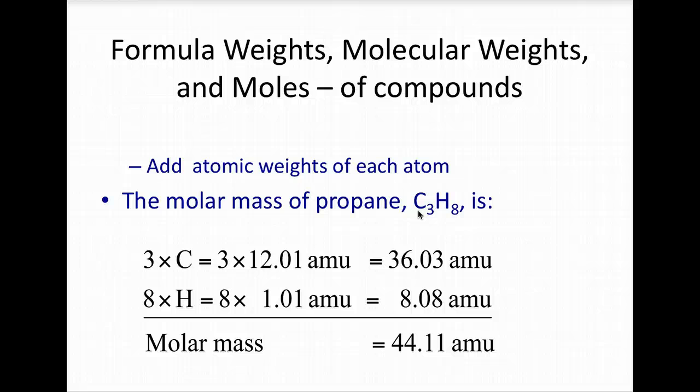If I have 3 carbons, and a mole of carbon has a mass of 12.01, and if I have 8 hydrogens, and every hydrogen has 1.01 for its mass, if I multiply the 3 by the 12 and the 8 by the 1, and add them together, that tells me something called the total molar mass. The total molar mass of propane is 44.11 grams of propane in every mole of propane.